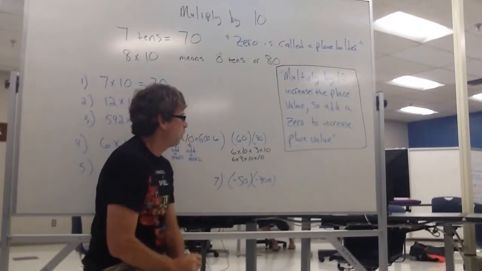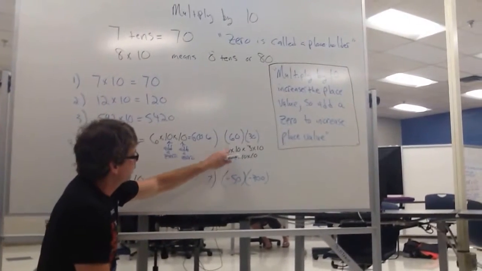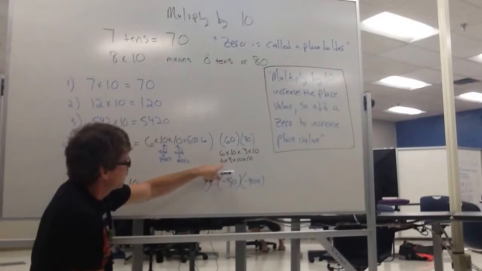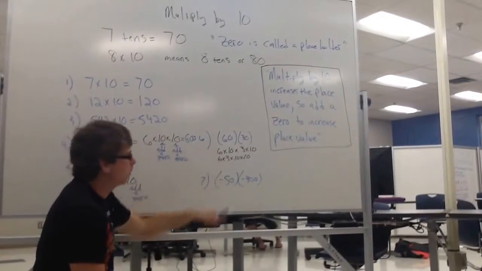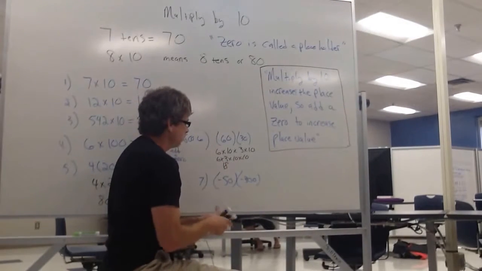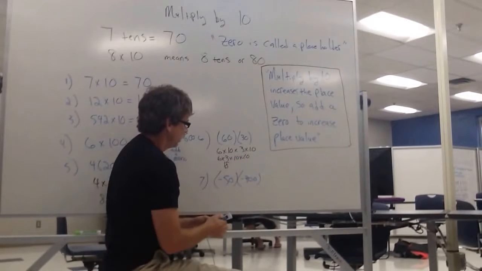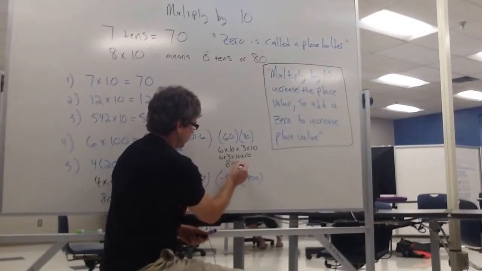I can change the order of a multiplication problem. And what this allows me to do is instead of focusing on 60 times 30, this allows me to focus on 6 times 3. Well, 6 times 3 is going to be 18. And each time we see multiplying by 10, that essentially means to add a zero. So this becomes 1800.